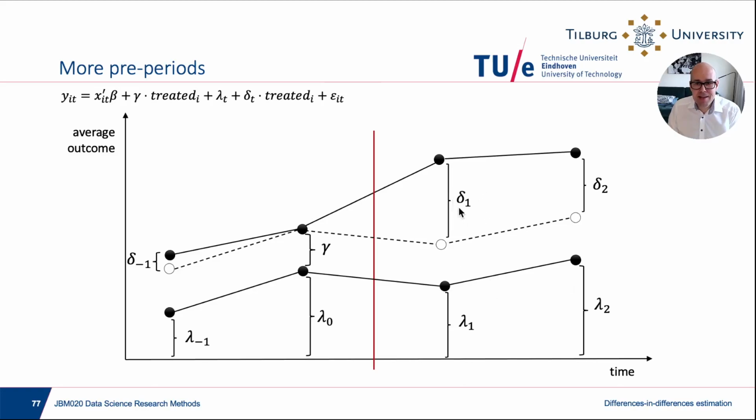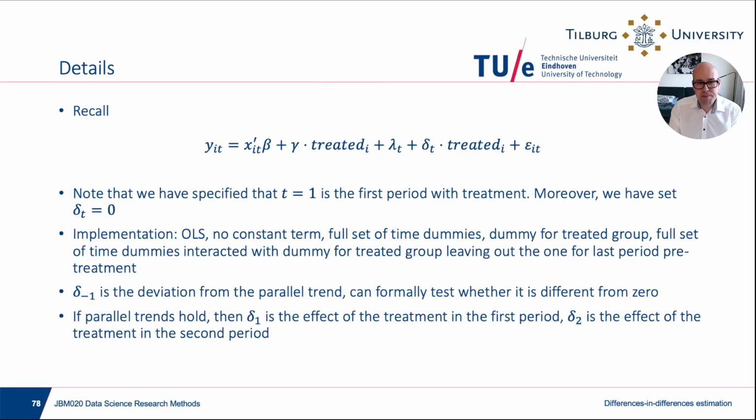So what stays then is this delta 1 and the delta 2. And delta 1 and delta 2 now tell us what the effect of the treatment is in the first period in which it was assigned and in the second period. So we see that delta 1 is slightly bigger than delta 2, so that means that the effect is bigger in the first period after assignment.